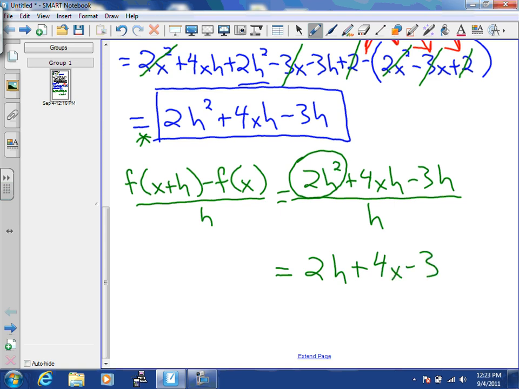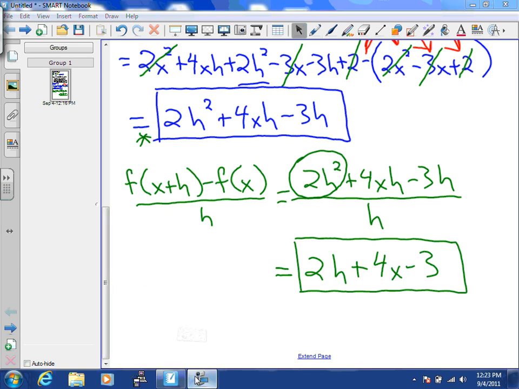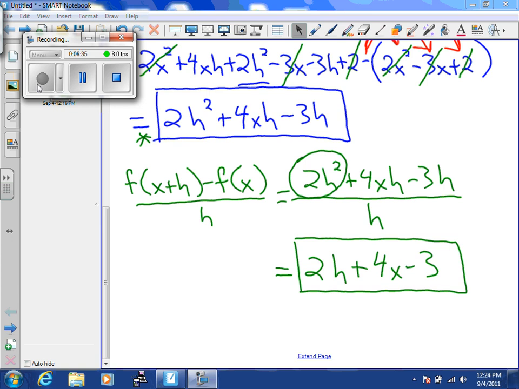And then on the last one, the h cancels, and I'm left with minus 3. So this simplifies down to 2h plus 4x minus 3. That's number 15 on the review. I hope that it makes sense hearing it rather than just looking at it on your sheet of paper.